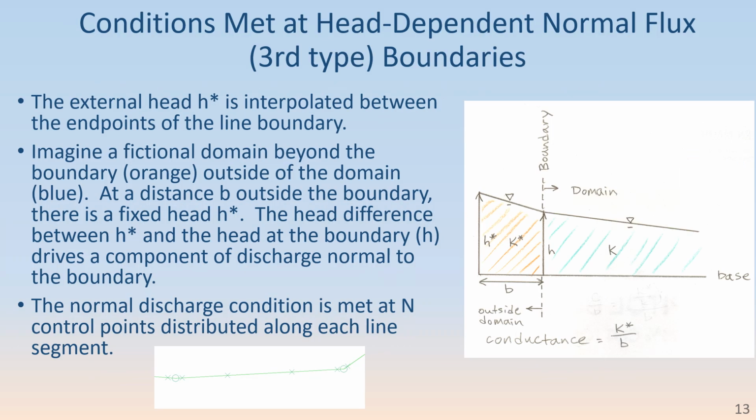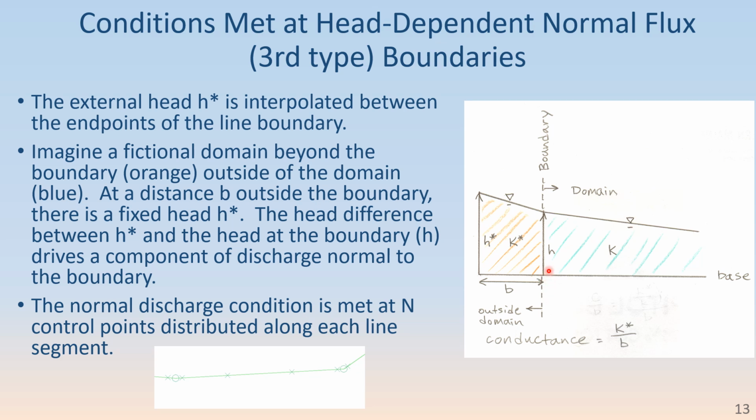The boundary conditions at a head-dependent normal flux or third type boundary are described here. The user specifies 2 things, an external head H star and a conductance K star over B. And this illustration will help us understand what those things are.